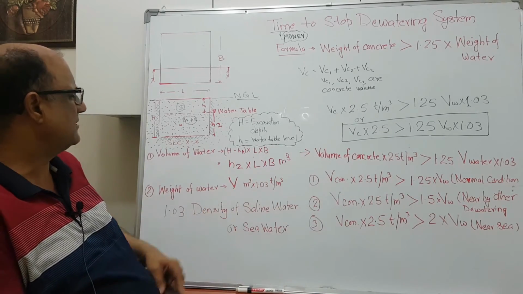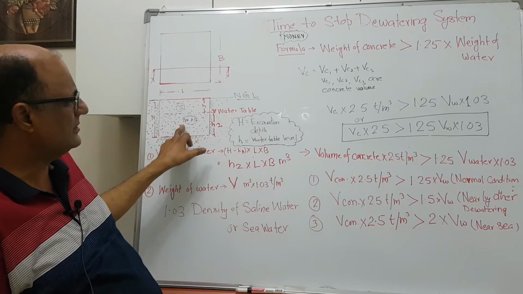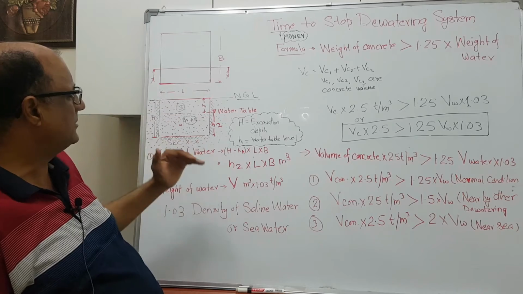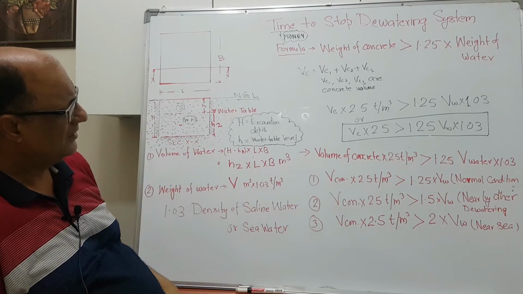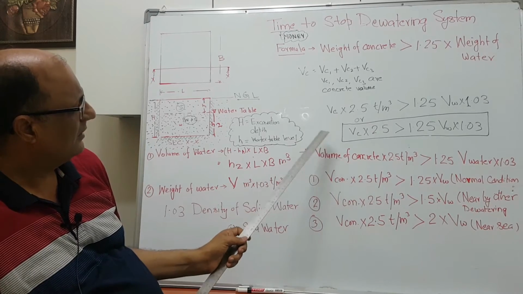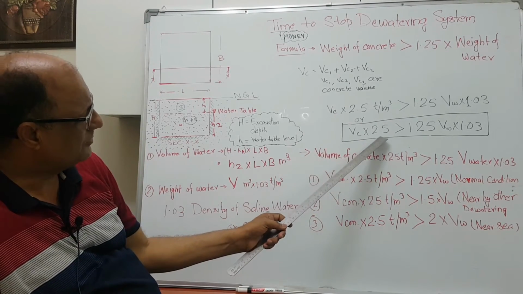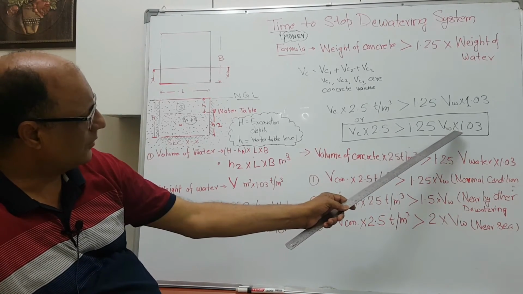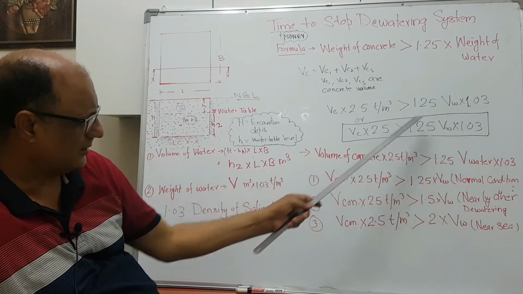So there is no risk when we stop the dewatering, no risk from any X factor which may harm the structure due to the bouncing factor. So the weight of the concrete should be 25% more than the weight of the water.